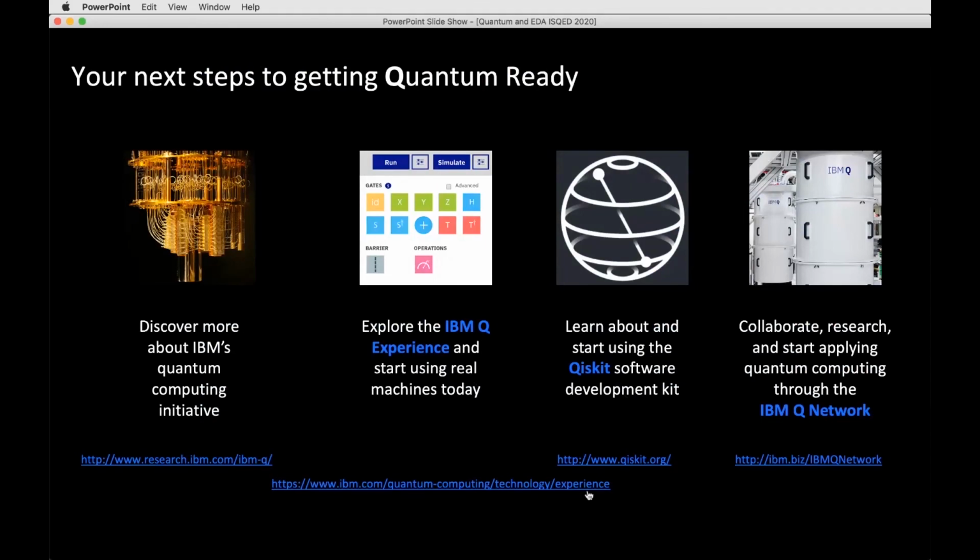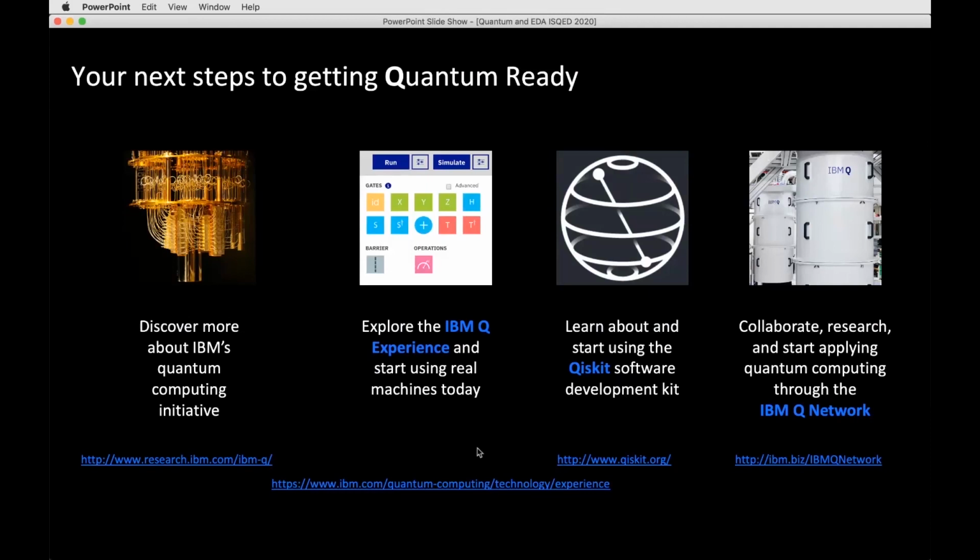And then there's the IBM Q network, where you can become part of the inner circle and have access to the latest machines and do collaborative research with the IBM team, in addition to all the open areas that we have opened up for the broader community here.